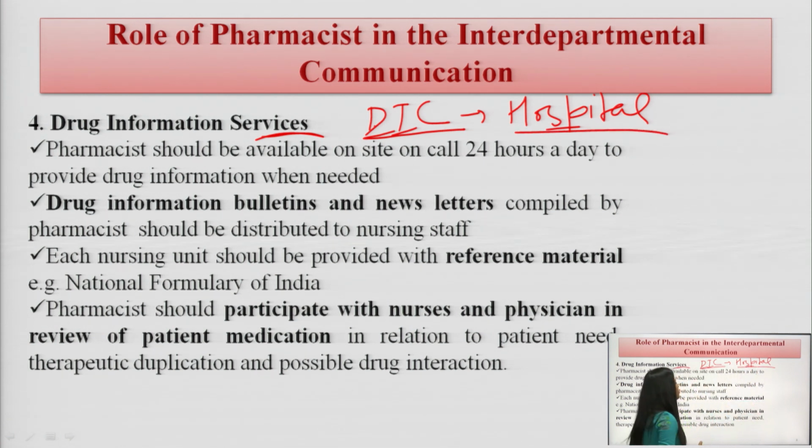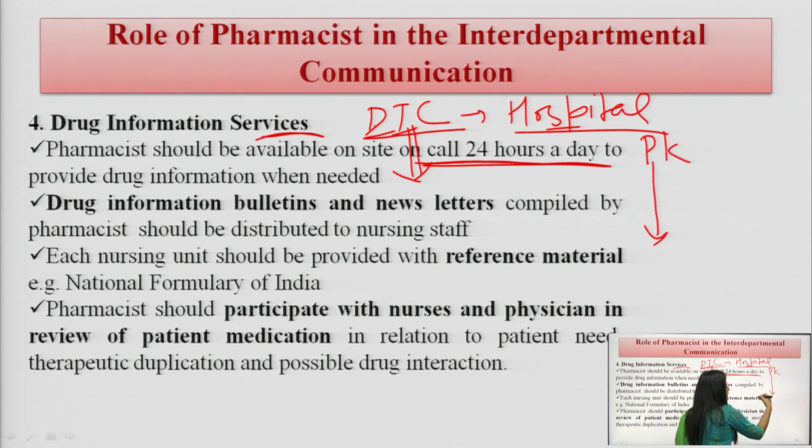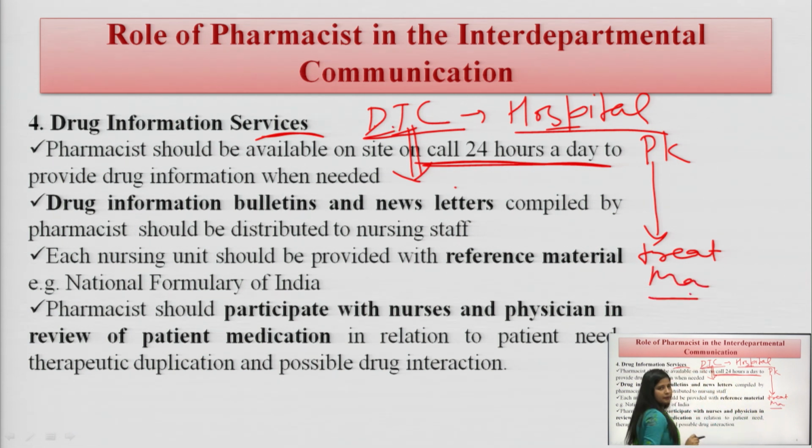As the name mentions, the Drug Information Center gives all the information related to the drug, and they are open for calls 24 hours a day. Any information from the pharmacokinetic profile to poisoning, everything for treatment management, can be taken from the DIC. So in drug information services, the pharmacist has a role.